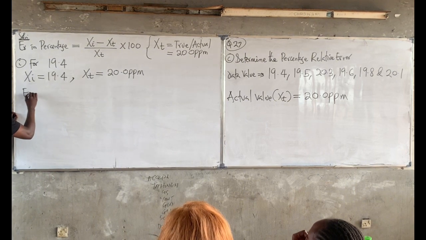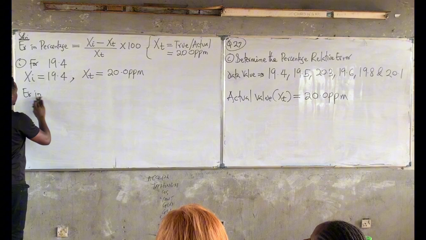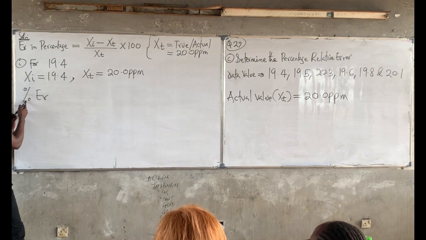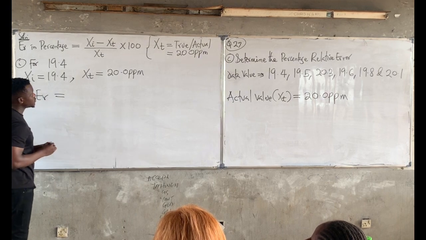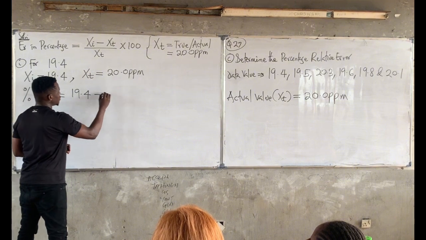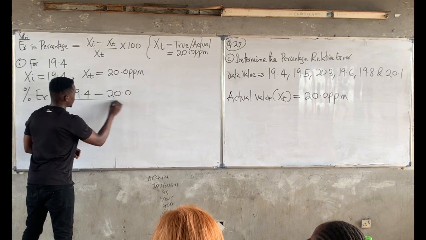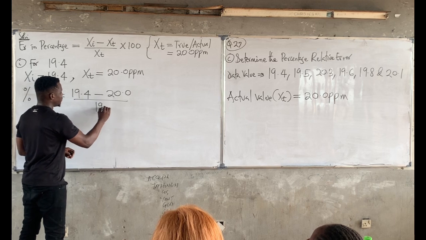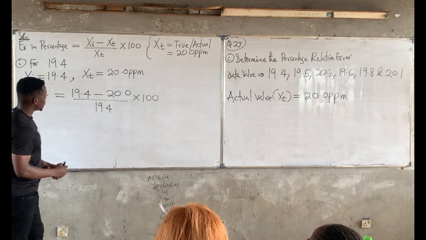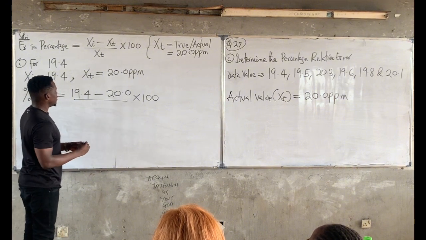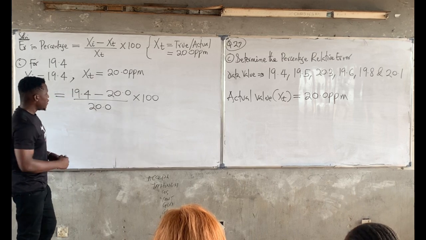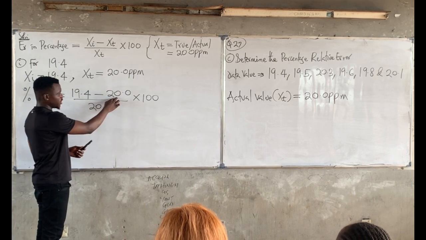Now, percentage ER is equal to xi, for this first one 19.4, minus 20.0, divided by the true value, which is 20.0, times 100. 19.4 minus 20.0 is going to be minus 0.6.